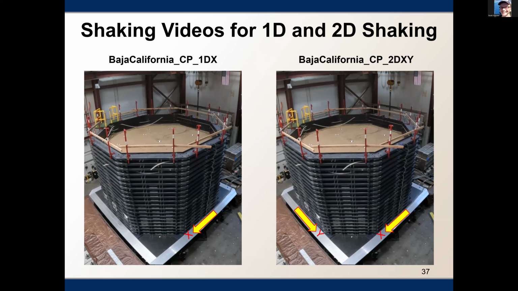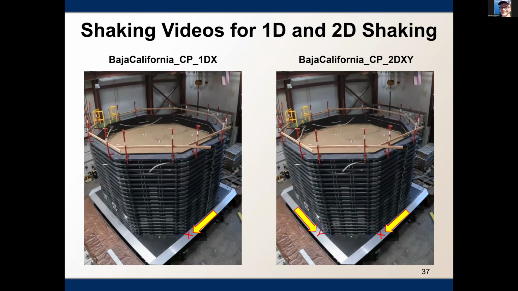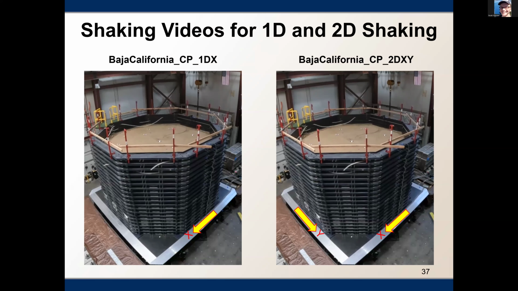I tried to time it so that it moves together, but there's some gap. But anyways, what you can see visually is that the 2D shaking kind of rotates the dimensions, whereas this one is just moving in this direction. And also the intensity of the shaking looks much larger when you shake it in 2D compared to 1D.